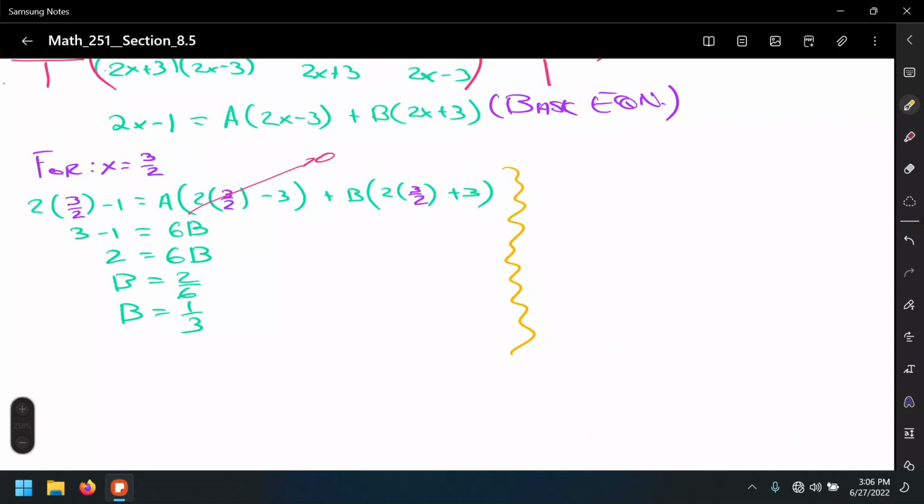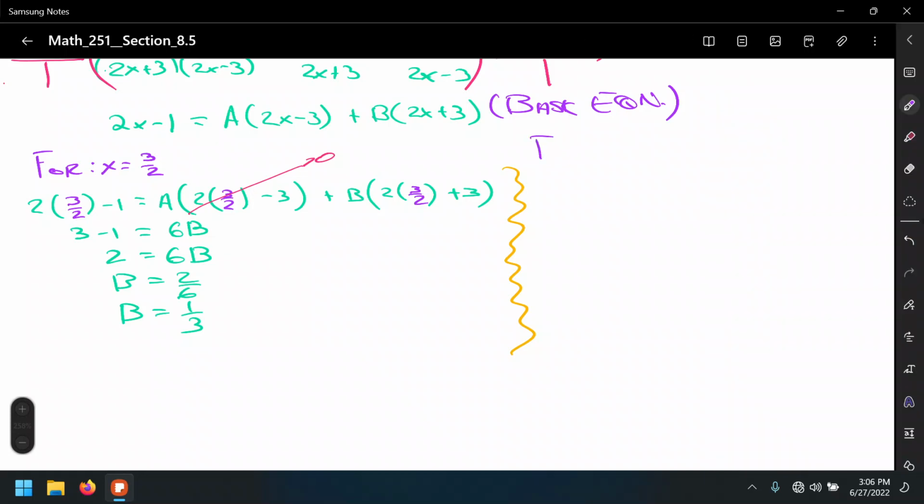We need to find a convenient value for x, so we can, in this case, cancel out the b term, and we can figure out a. What number can we use this time? Negative 3/2. All right.